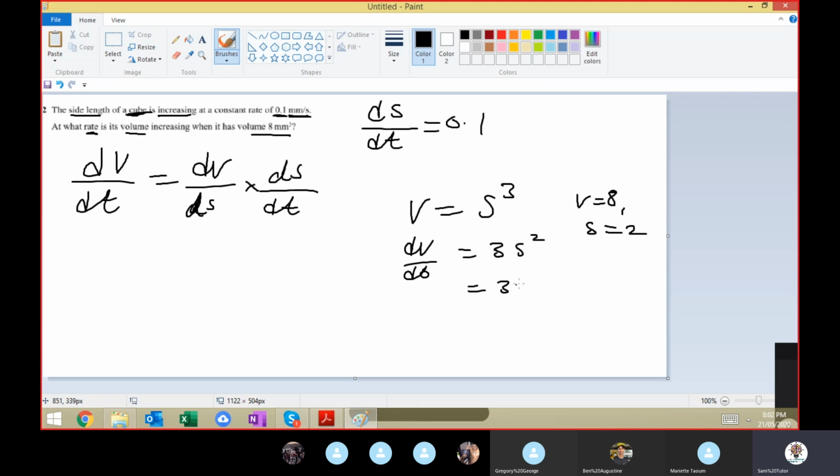So therefore this becomes 3 times 2 squared, which is 12. So that becomes 12 times 0.1. Becomes 1.2. Don't worry, we'll do a lot of these next week. But those are the basics that we need to be aware of. dV on dt can be broken up into 2. Next week we're going to break it up into 3s as well, and we'll see how those work.